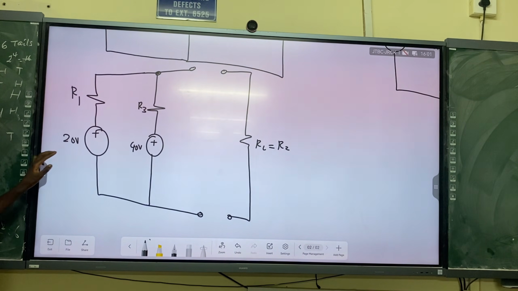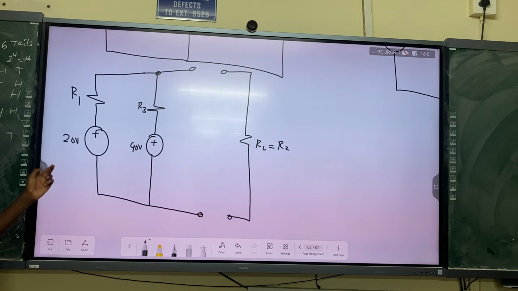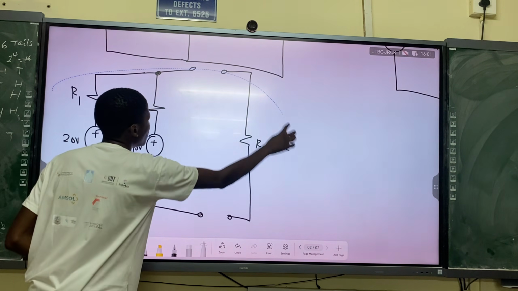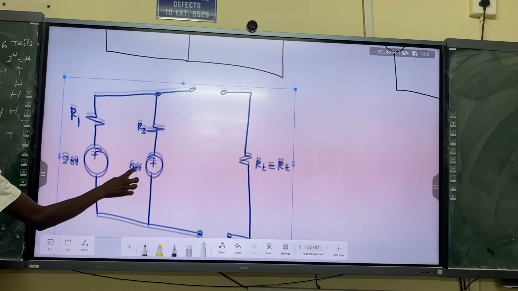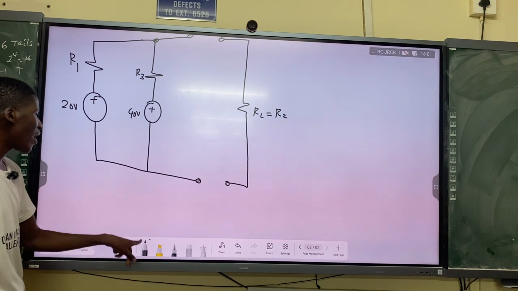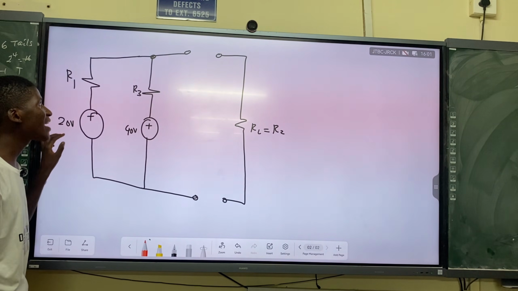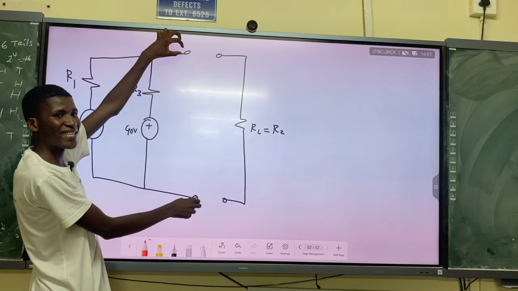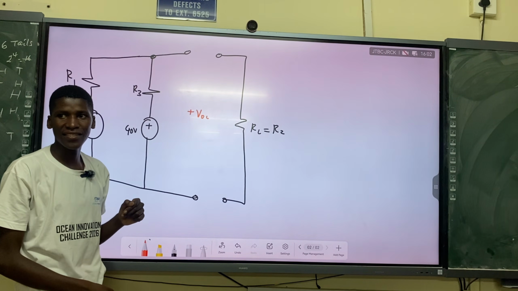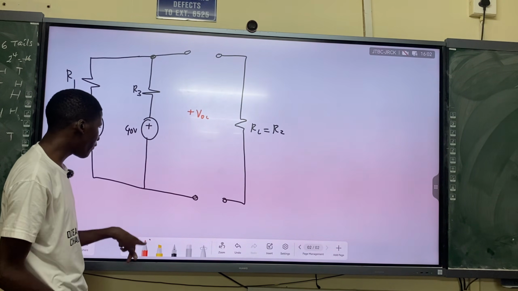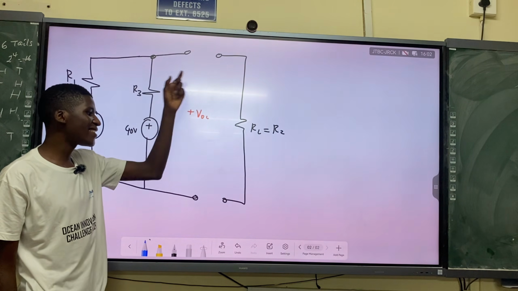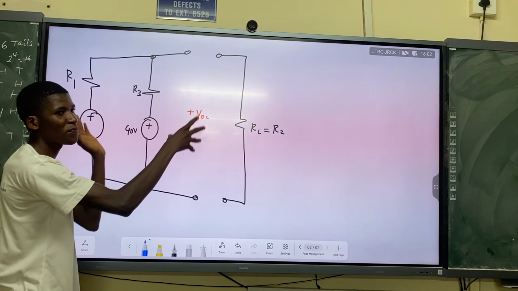So we open the circuit, or we're also going to do a short circuit. To simplify things, we do everything simultaneously. When we are opening our circuit, the voltage that we're going to measure is the open circuit voltage.